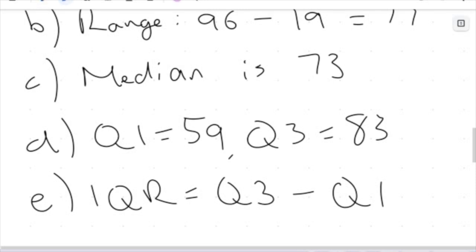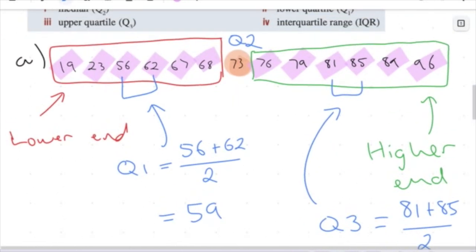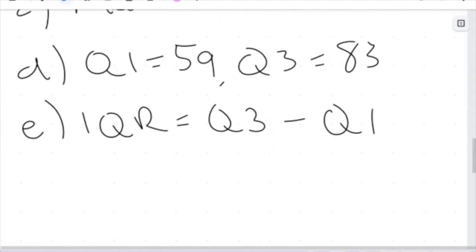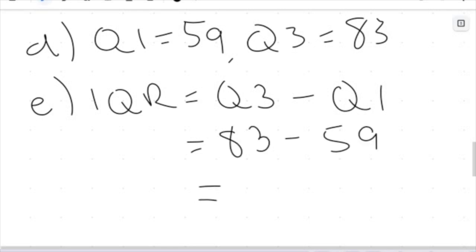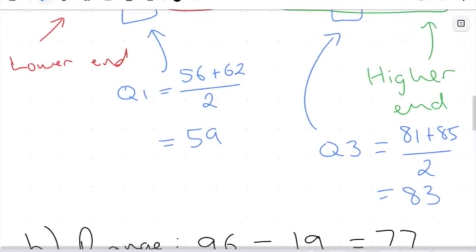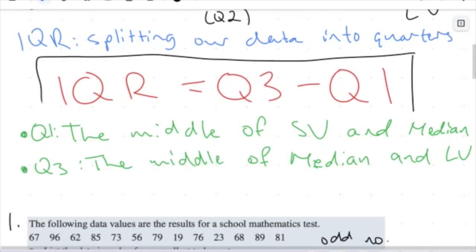And it's a type of range because we're seeing what the spread is between the middle of my lower section and the middle of my upper section. So, hence, why we do the same thing that we do with regular range. We are finding the difference between these two numbers. Now that gives us 83 minus 59, and that finally gives me 24 as my answer. So this is my interquartile range, and we find that by subtracting our lower quartile from my upper quartile.